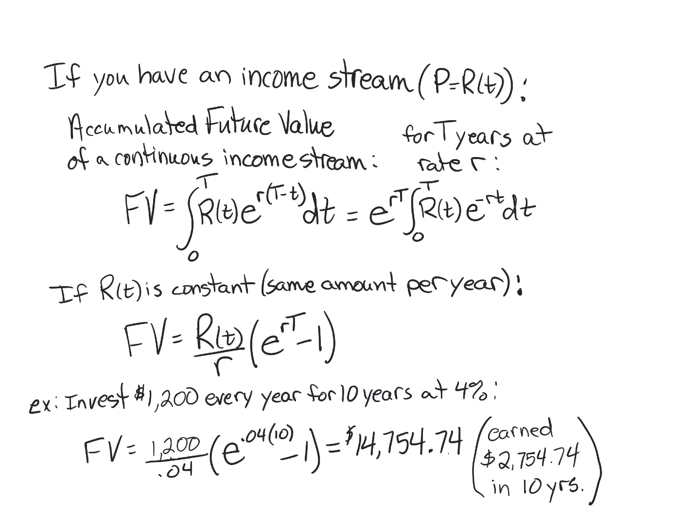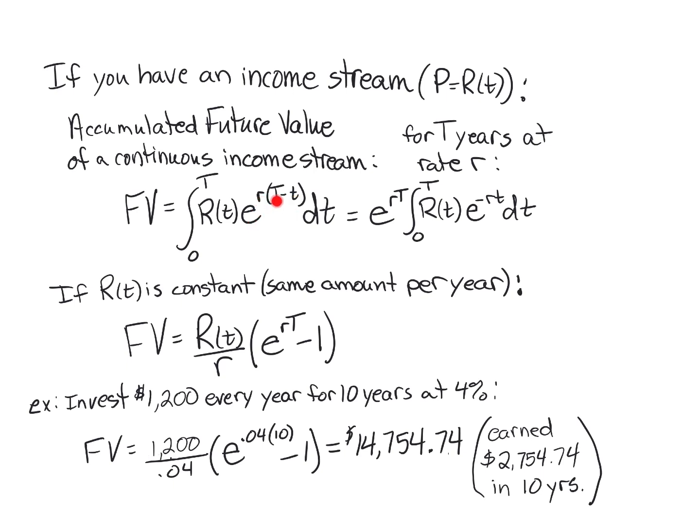Now, capital T is the total number of years, small t is the variable, it's passing through time from the beginning here at 0 to the end, capital T. Notice that I can distribute the r here, and it's going to be e to the r capital T times e to the minus r variable t.